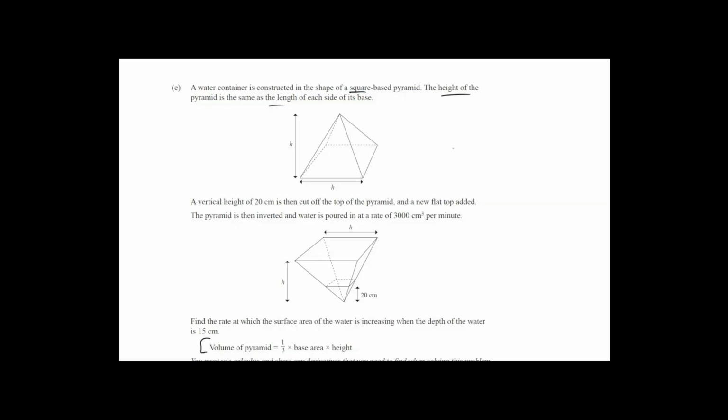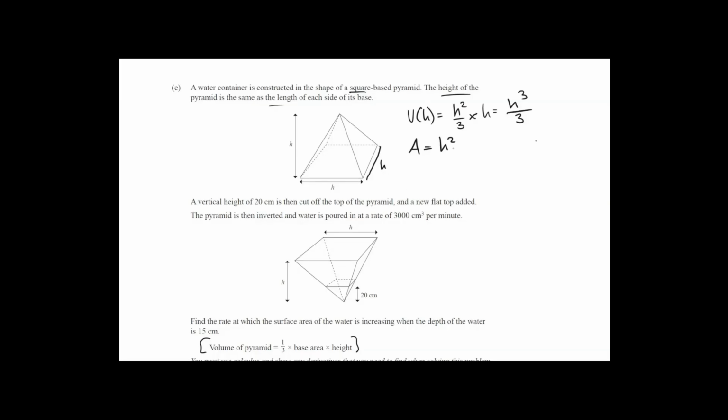If they give us the volume here, the volume with respect to h is going to be h squared over 3 times h, which is h cubed over 3. The surface area, we'll call that A, is going to be h squared. So if this is h, this must also be h.